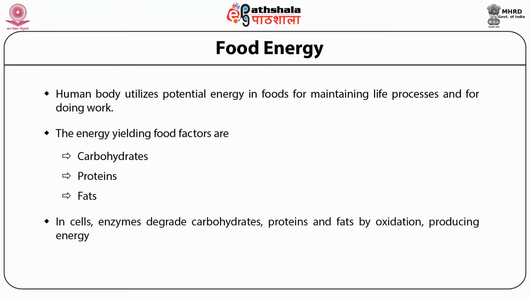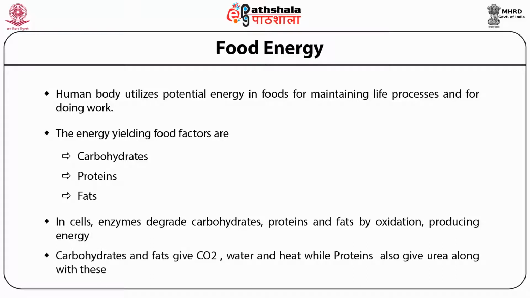In cells, enzymes degrade carbohydrates, proteins, and fats by oxidation, thereby producing energy. Carbohydrates and fats give carbon dioxide, water, and heat, while proteins also give urea along with these.